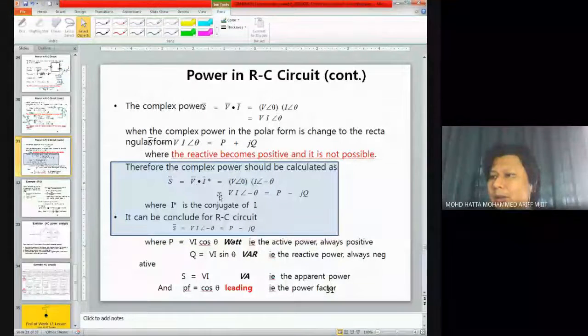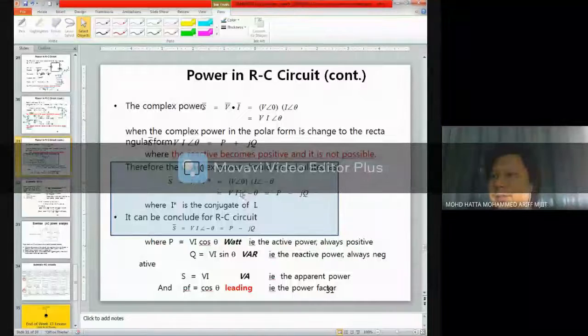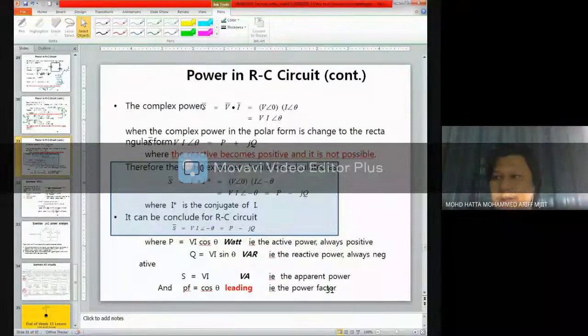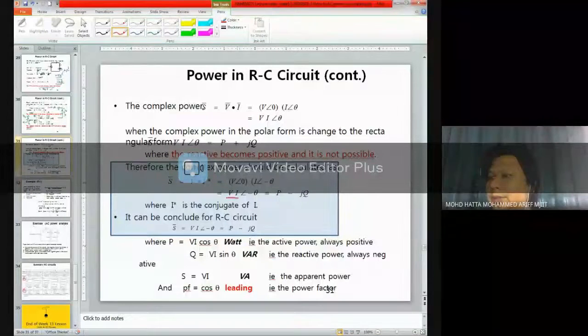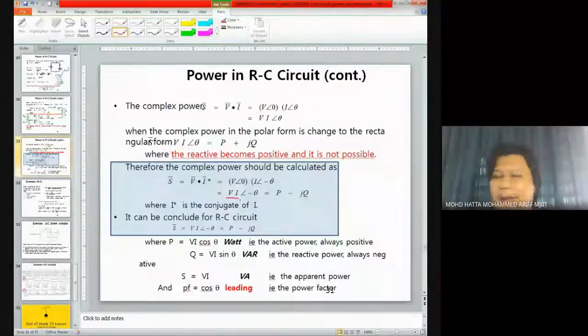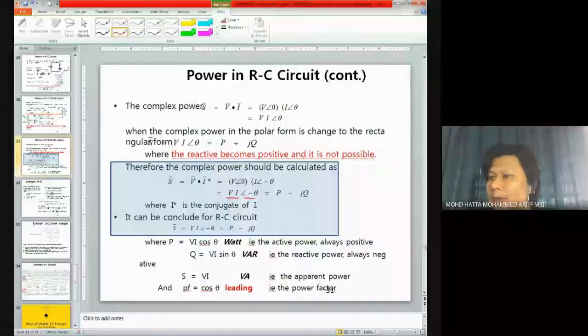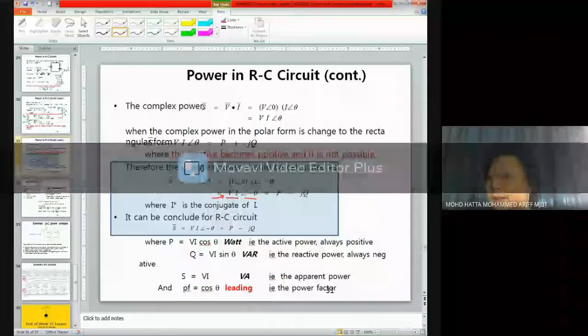And once you are done with the multiplication, including the conjugate value of current, you will get complex power magnitude and also complex power angle. And the magnitude here actually is our apparent power.